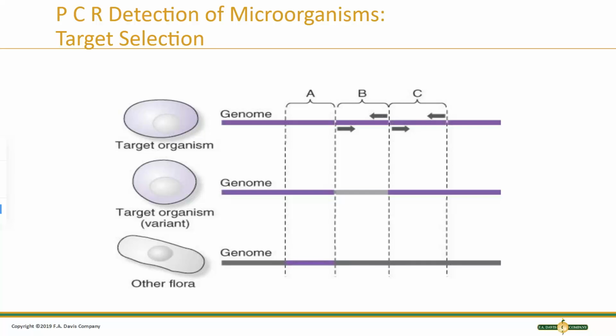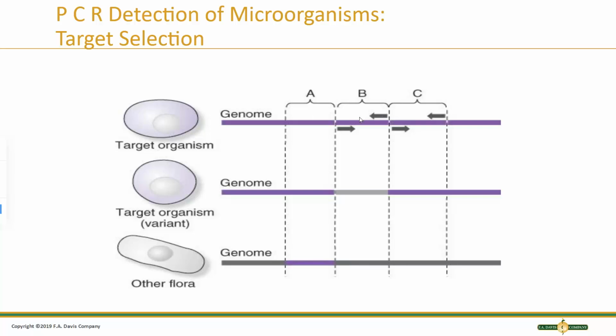Target selection. Here's an example where we have the target organism, the variant of the target organism, and other normal flora. All of the microorganisms have region A in their genome. Whether it's the target, the variant, or normal flora, they all have this. We would target 2 additional areas.